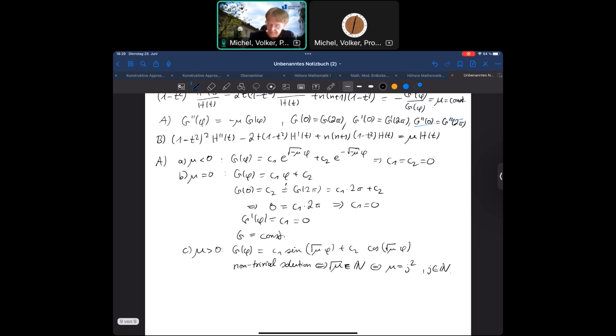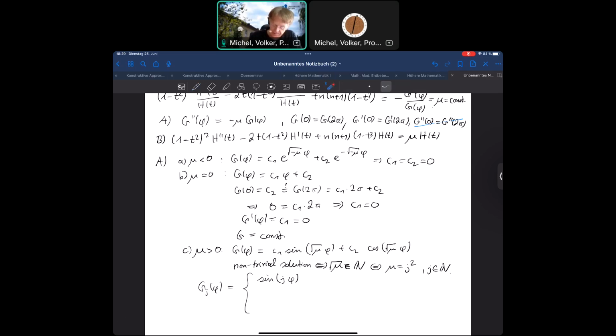because remember that we only need 2n+1 functions, and by having a closer look, you find out that there is a way of reducing the functions g. I will call it g sub j of phi, and you can choose it, for example, as sine of j phi.